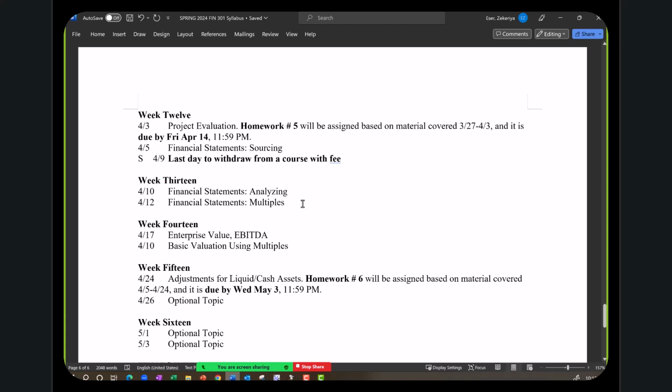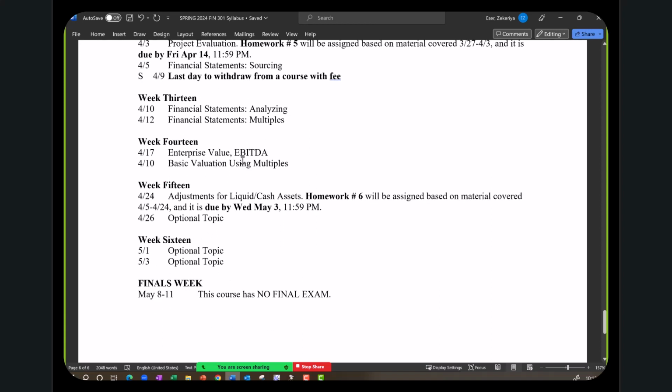We'll talk about multiples, things like price earnings, price to book. We'll talk about the concepts of enterprise value, EBITDA, and we'll do some basic valuation using multiples. We'll also talk about adjustments for liquid or cash assets when you do these valuations. In the last basically 2-3 lectures, we'll do some optional topics. Okay? That's pretty much the plan.